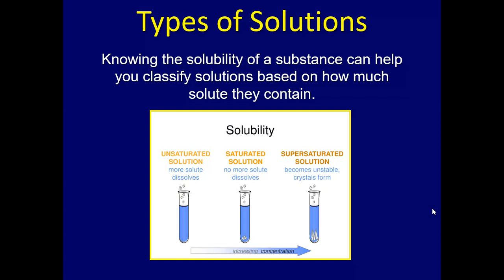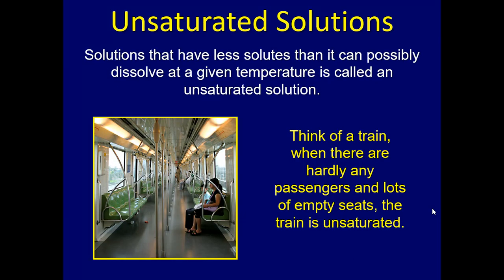Now, there are three types of solutions according to solubility: an unsaturated solution, a saturated solution, and a supersaturated solution. A solution that has less solute than can possibly be dissolved at a given temperature is called an unsaturated solution.